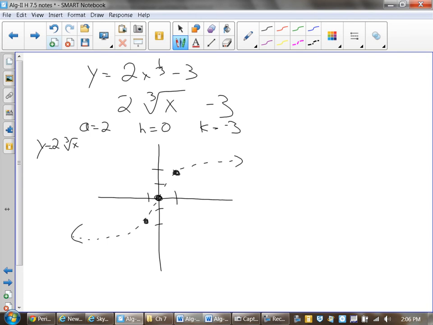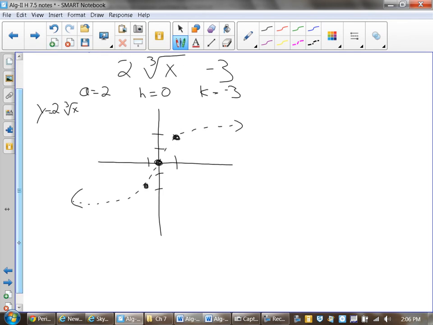Wouldn't the one with 0 end up being negative 3? Because cube root of 0 is 0, and 2 times 0 is 0. I haven't shifted yet. This is just my parent function. Remember, I always graph my parent function prior to the shift. But you are correct. Now my shifted version of this would be, everything's got to move down 3 spots. So it's at negative 3.